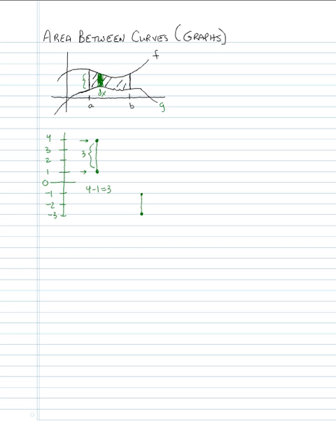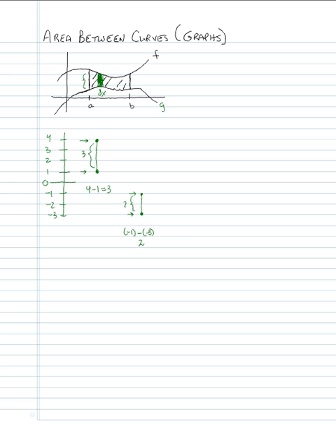We do the same thing. We take the highest y value, which is -1, and subtract the lowest y value, which is -3. And -1 subtract -3 is the same as -1 plus 3, which is a positive 2. So although we could visualize it here, we could calculate it as we have done.